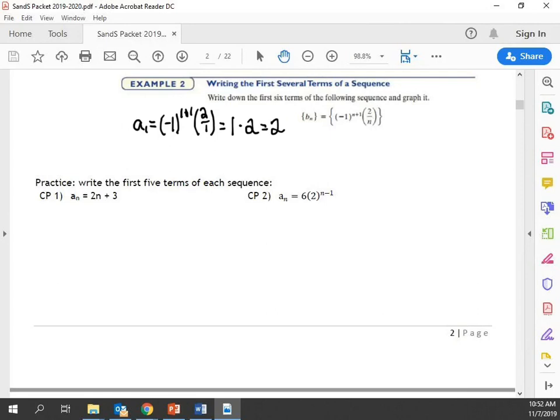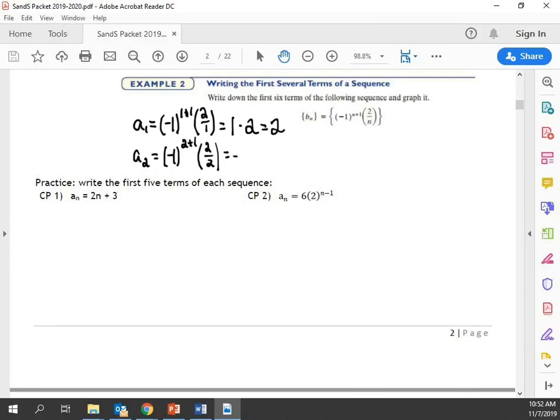Now things get a little bit different. Now we're at the second term. -1 raised to the 2 plus 1, times 2 over 2. What is negative 1 raised to the 2 plus 1 power? It's 3, so what's negative 1 cubed?